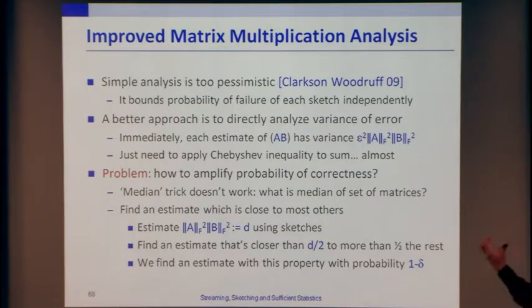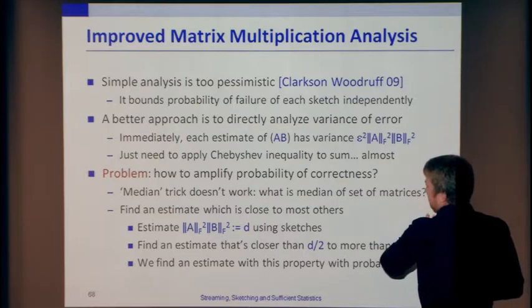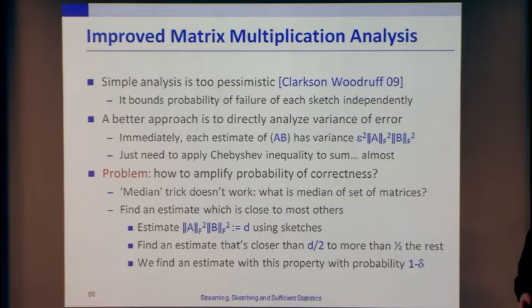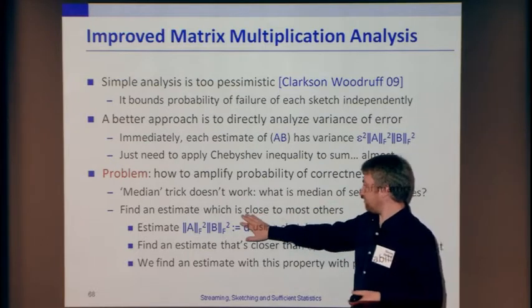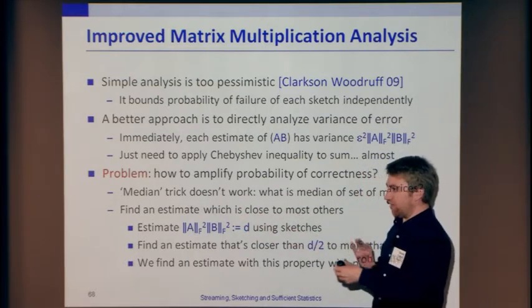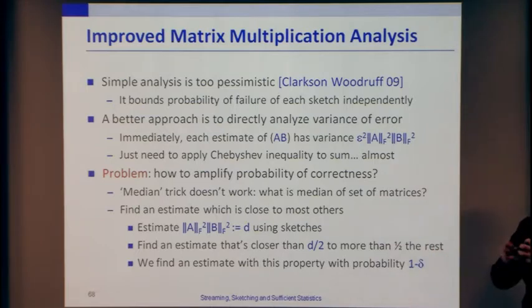There isn't really a strong notion of a median of a set of matrices. So we have to do some sort of ugly tricks here. What we can do is essentially find an estimate that is in some sense close to most of the others. And if we can find an estimate that's close to most of the others, then you can argue that estimate is therefore a good estimate.